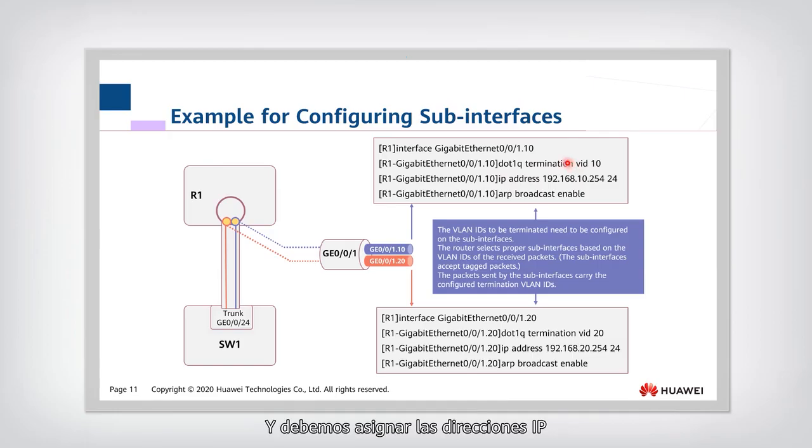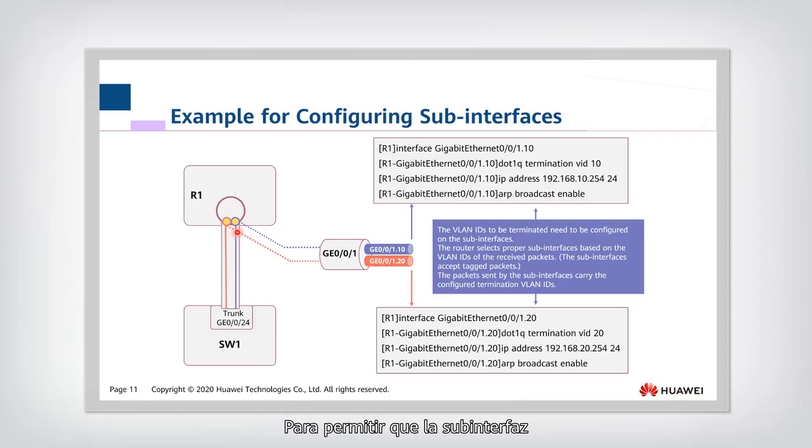Then we need to allocate the IP address to this sub-interface, and this IP address needs to be set as the default gateway in PC1. The next step is to enable ARP broadcasting. By default, ARP broadcast is not enabled in the sub-interface. In that case, all the broadcast packets will not be forwarded out, and they will be discarded automatically.